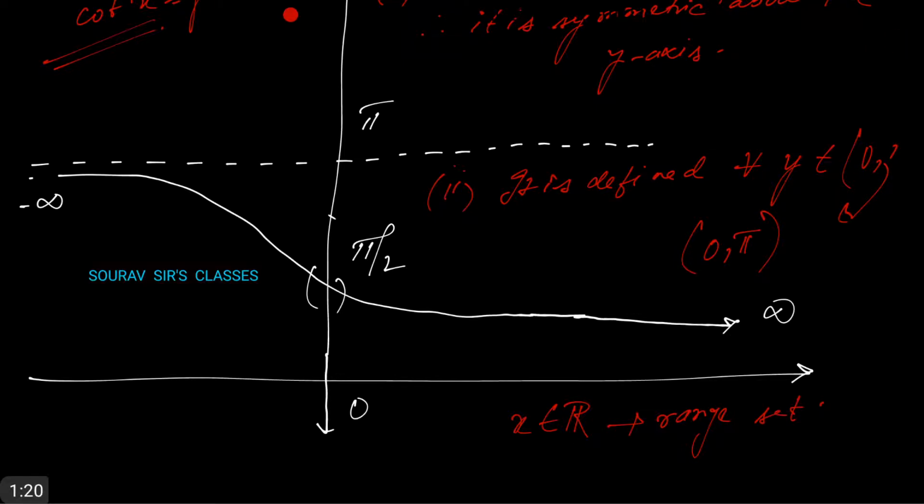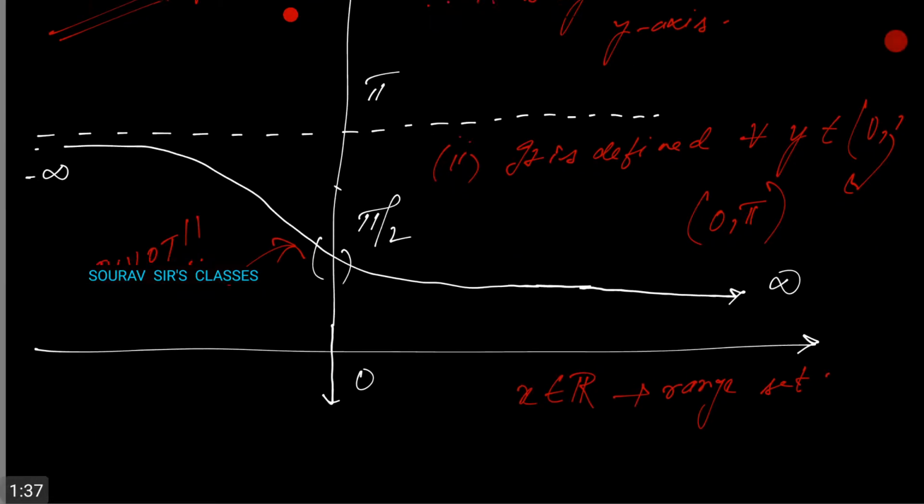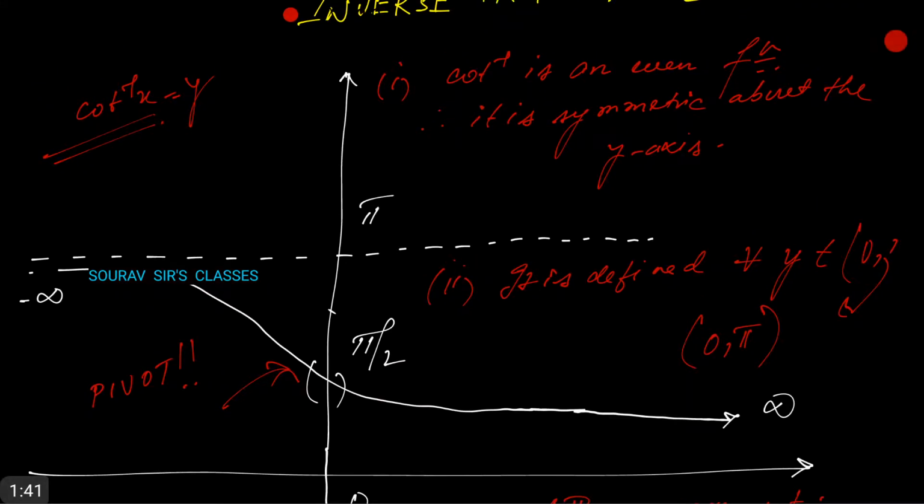Now you can easily say that this is an even function because it is symmetric about the y-axis and it is pivoted. This is the pivot at pi by 2, and that's just about it for cot inverse x.